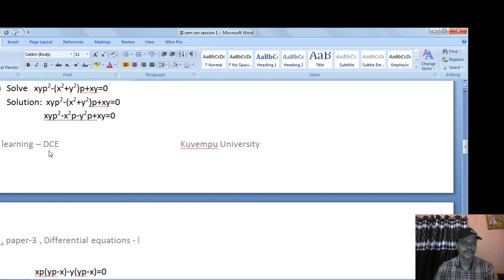We get yp minus x. Take negative y common from the other two. We get negative y times yp minus x, where y is common and the remaining is x.